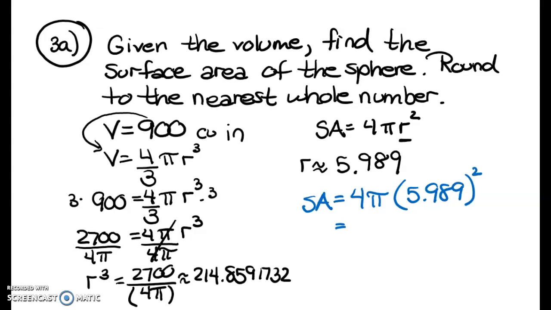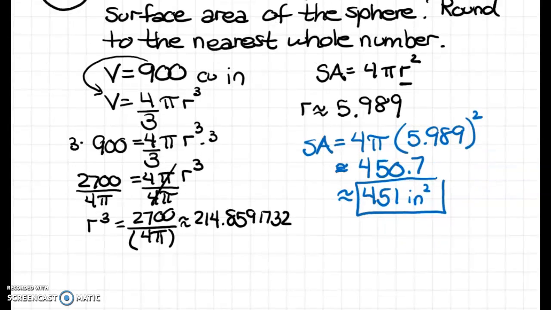So when I square 5.989, and then I'm going to multiply that by 4 and pi, I get a surface area that is approximately equal to, and I'm going to round it to the nearest whole number, so I need 1 decimal place. So this is going to round to 451, and it's going to be inches squared because surface area is squared.